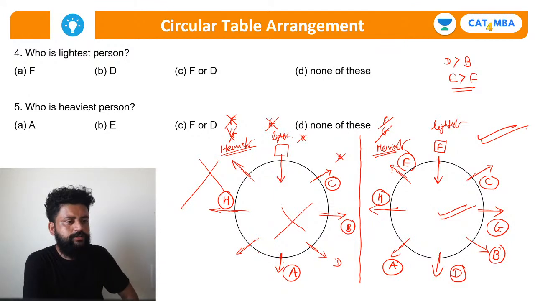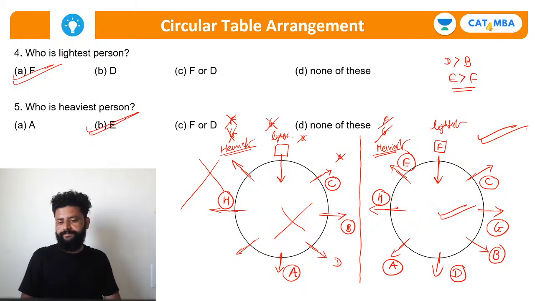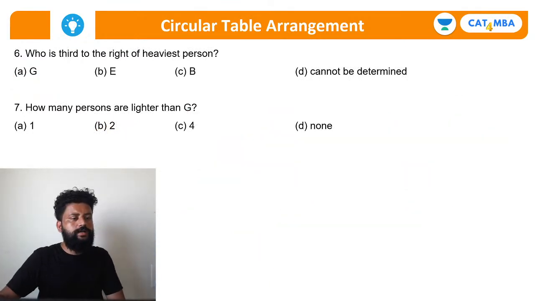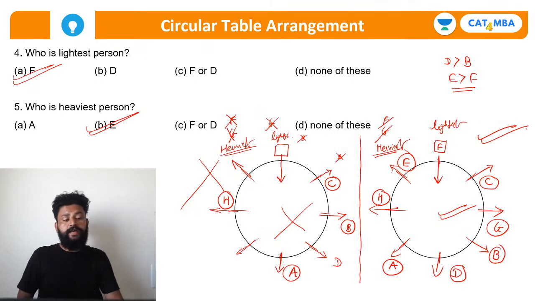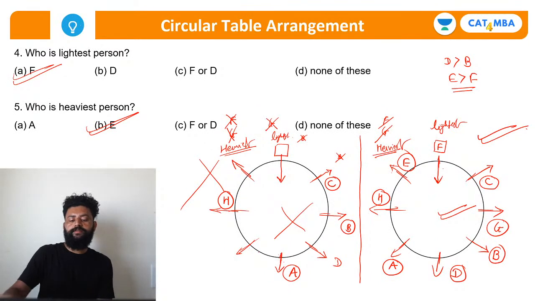Sure, quickly finish with the questions now. Who is the lightest person? Definitely F. Who is the heaviest person? It's definitely E. Who is the third to the right of the heaviest person? Third to the right, okay, now listen. The heaviest person is facing outside, so his right will be upside. 1, 2, 3.